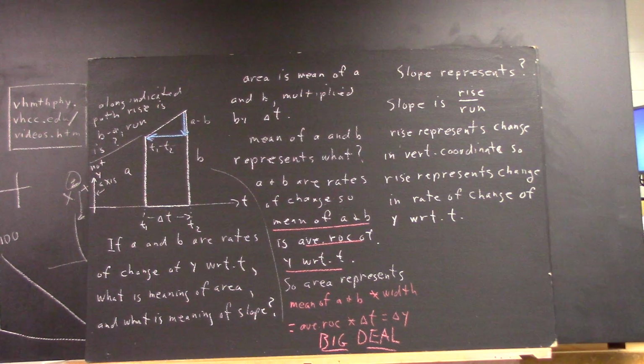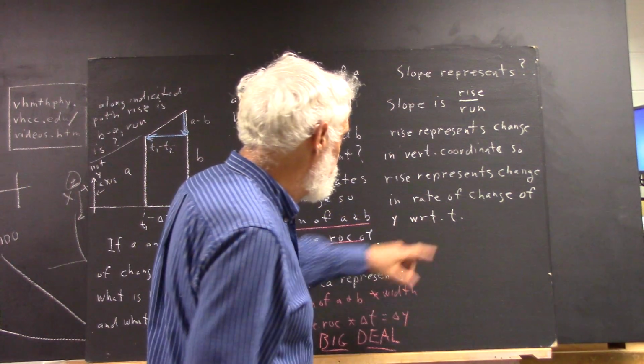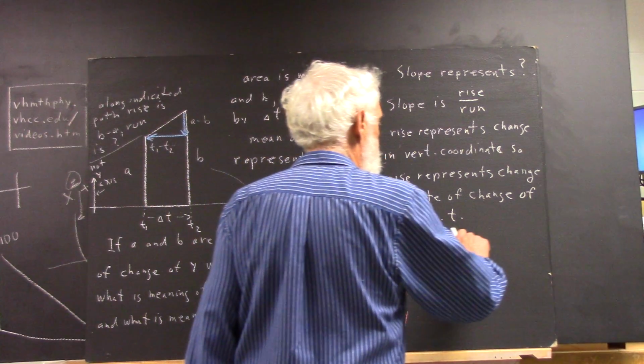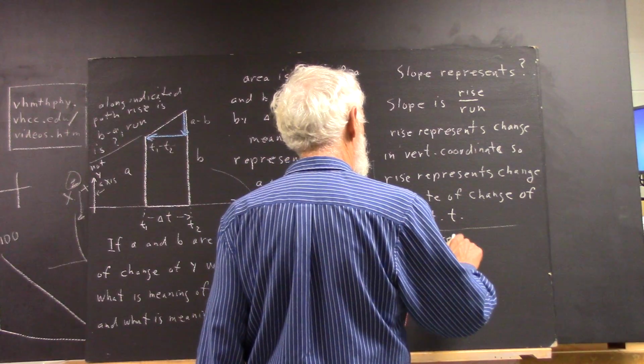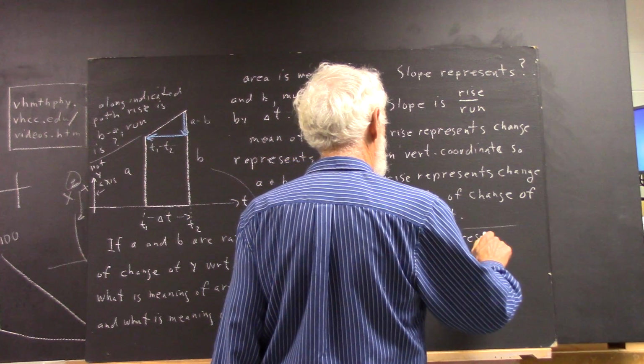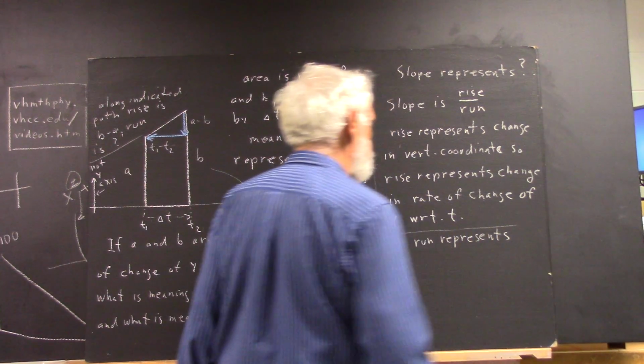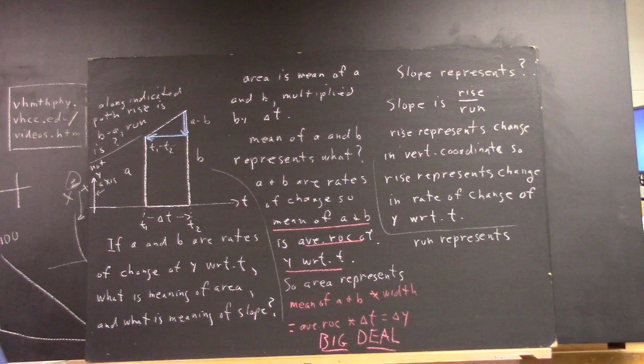Okay, so the rise represents this. The run represents what? It represents the change in horizontal coordinates.